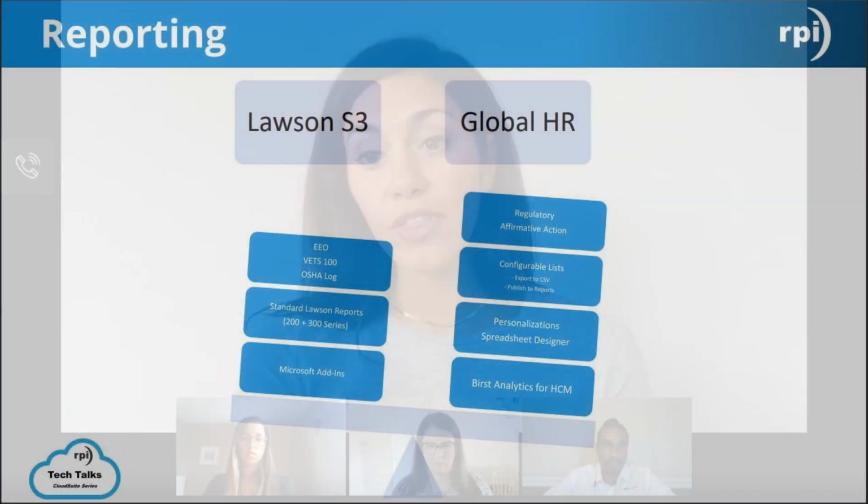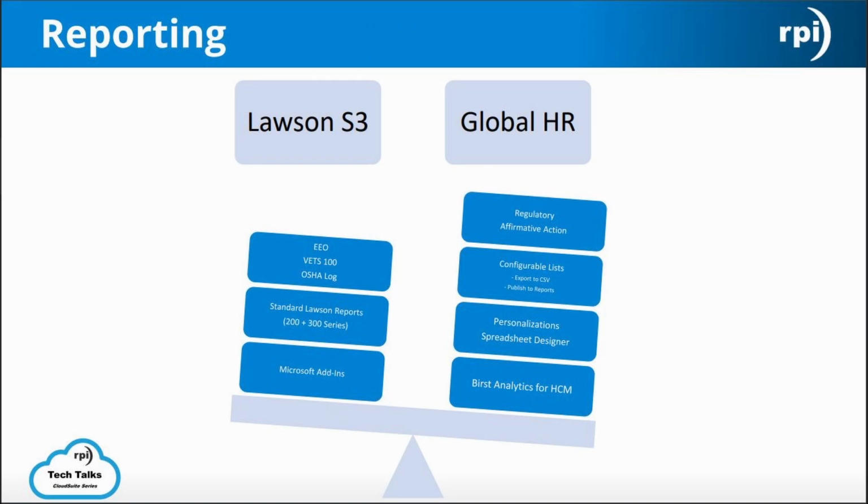Reporting. Within S3, we had a lot of canned reports, some that worked just fine for regulatory reporting or, you know, maybe a benefits vendor. But within Global HR, we have a lot more functionality at your fingertips for reporting capabilities.